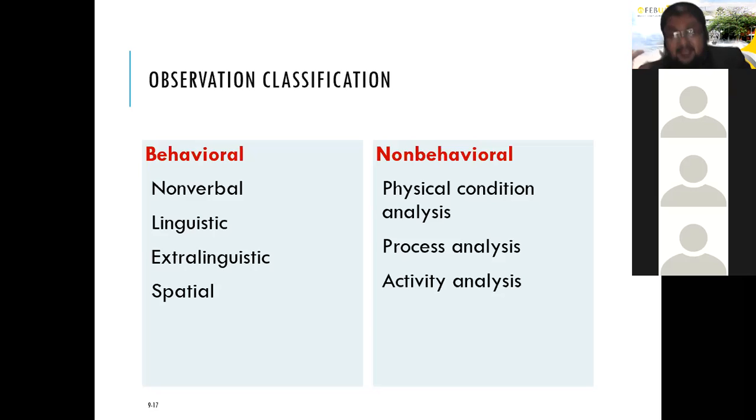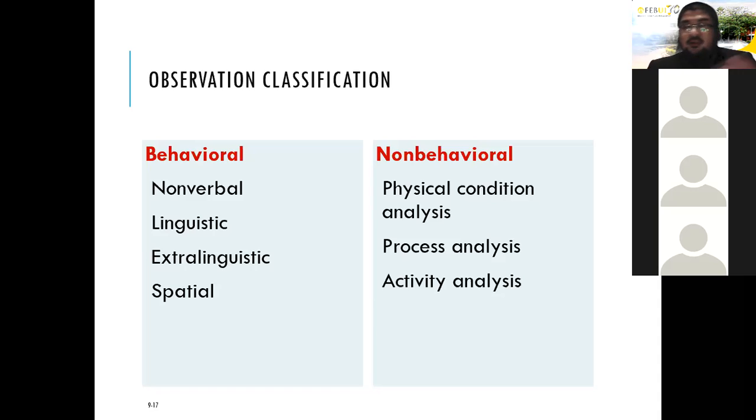And there's also spatial observation, which observes the activity within a given space. So for example, if we observe the interaction of people in a cafe, how the layout of the cafe interacts with the human aspect and creates the specific interaction.